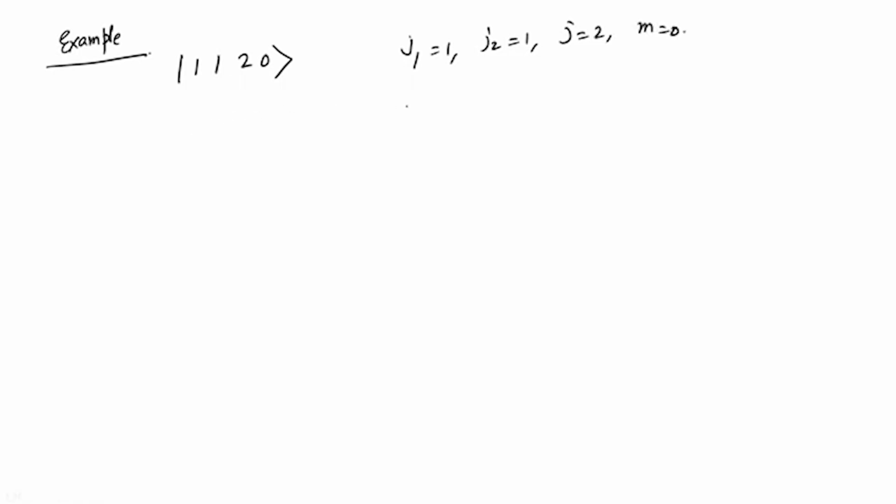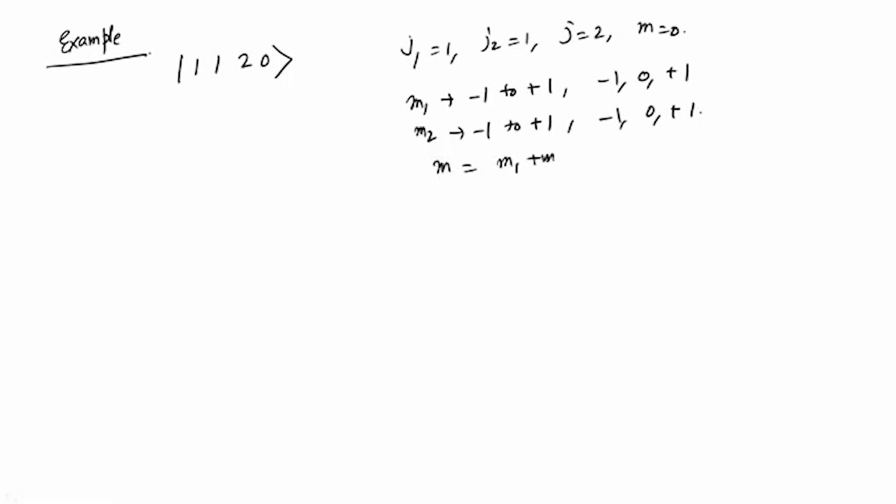So, M1 now can go from minus 1 to plus 1, that is basically minus 1, 0 and plus 1, and M2 also can go from minus 1 to plus 1, which means minus 1, 0 and plus 1, subject to the condition that M equal to M1 plus M2.